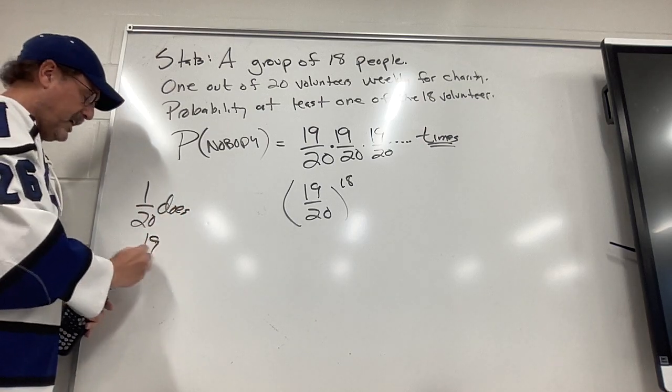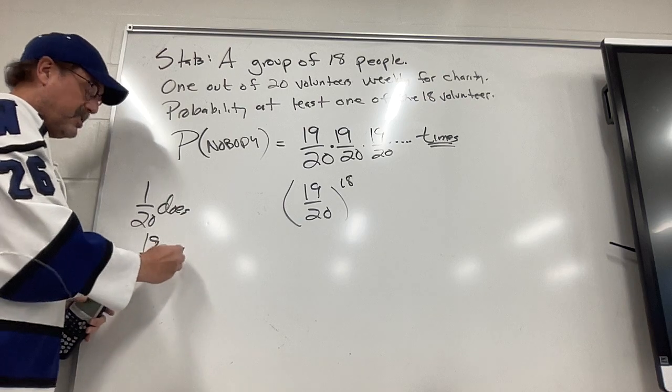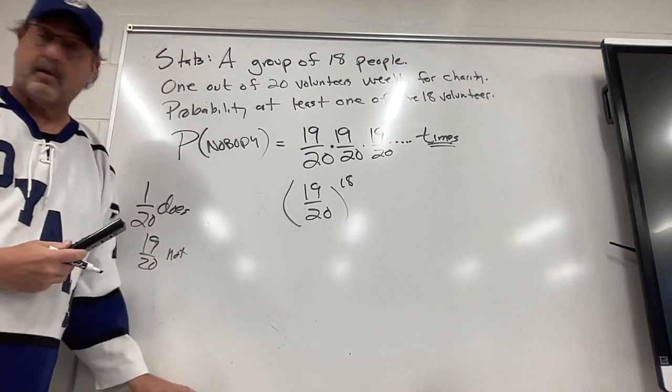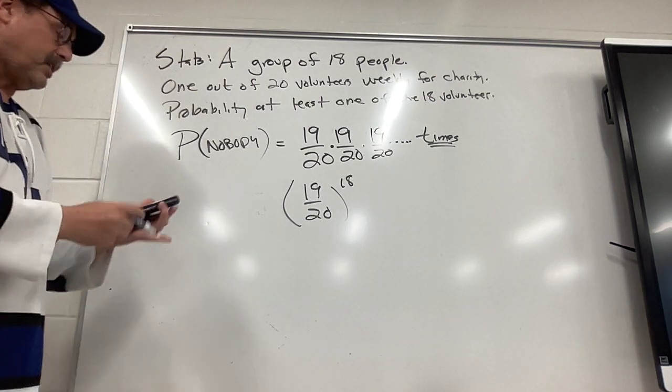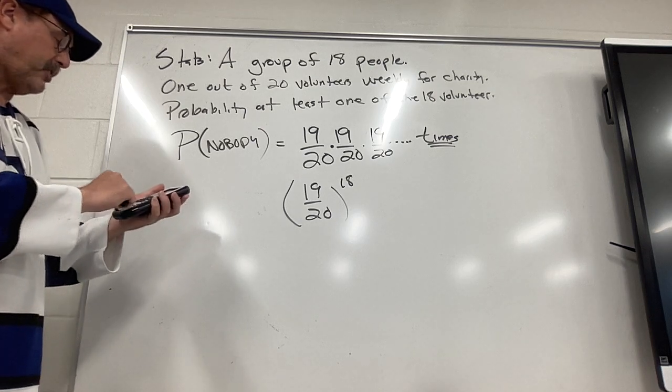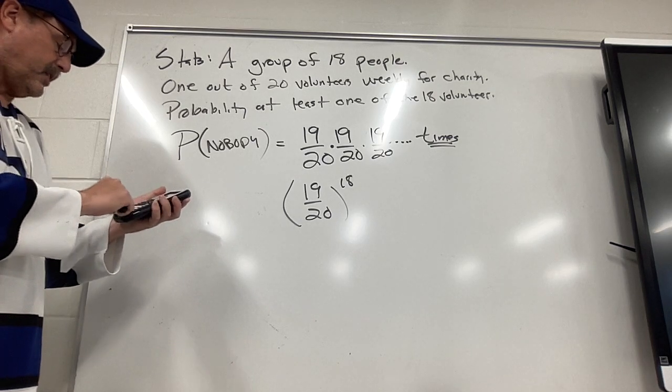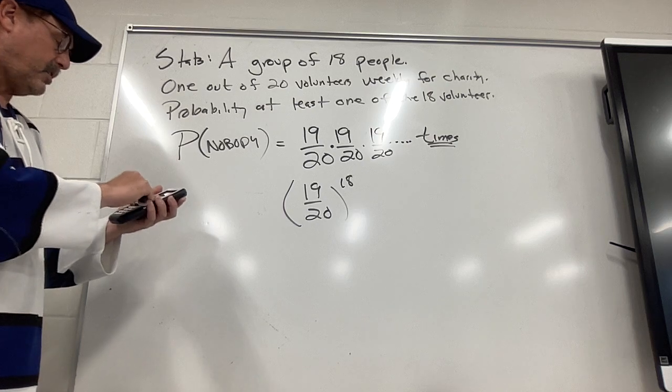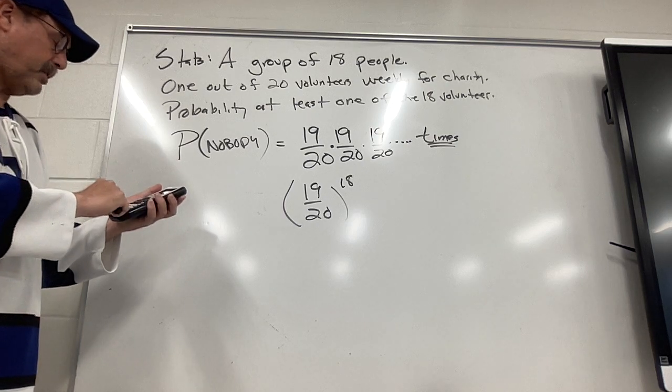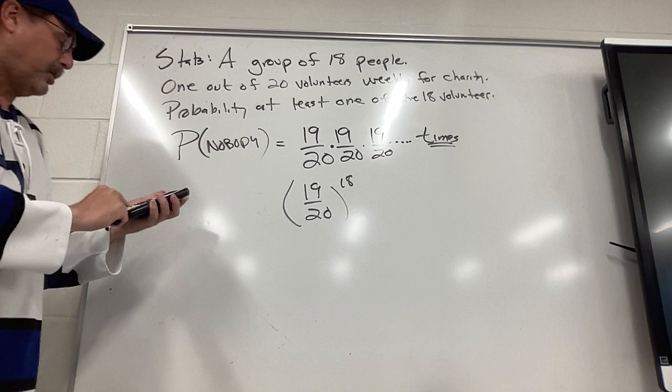So that would mean 19 out of 20 does not volunteer. Cool? Good question. So now I'm doing 19 divided by 20, to the 18th power because there's 18 people.